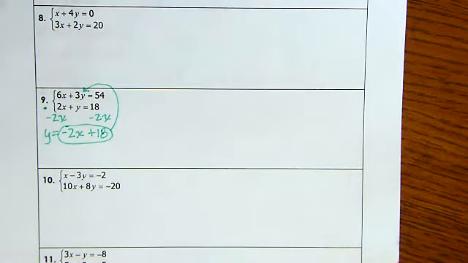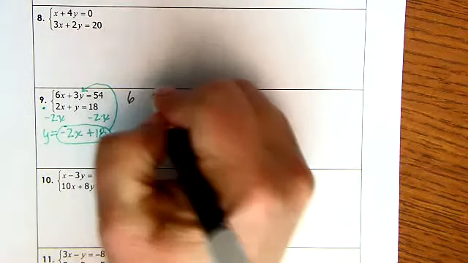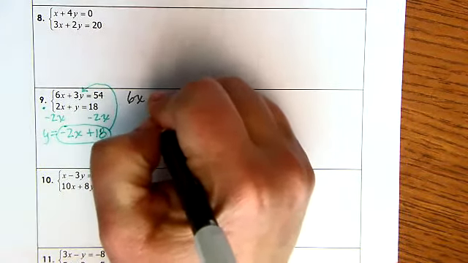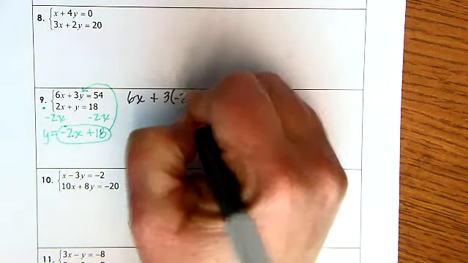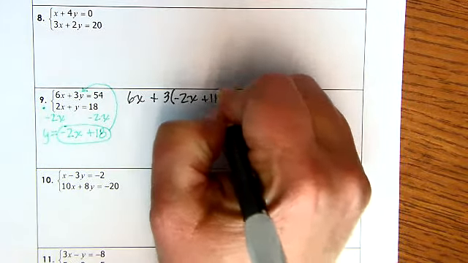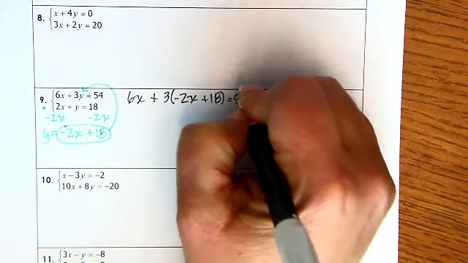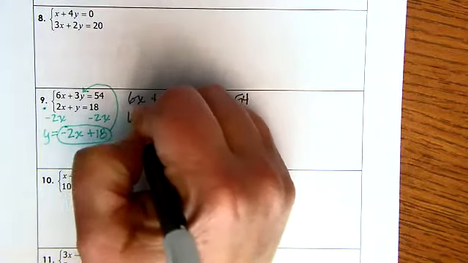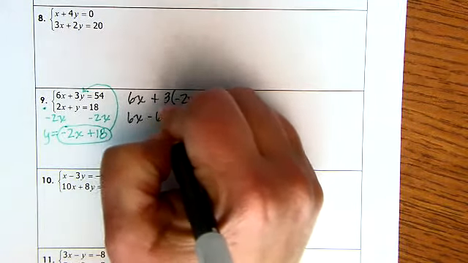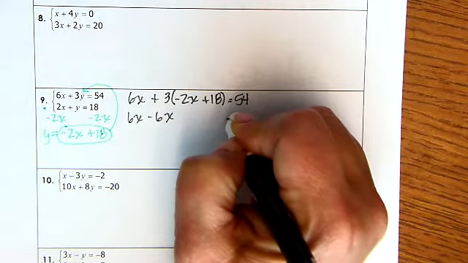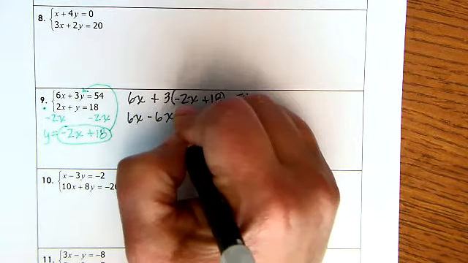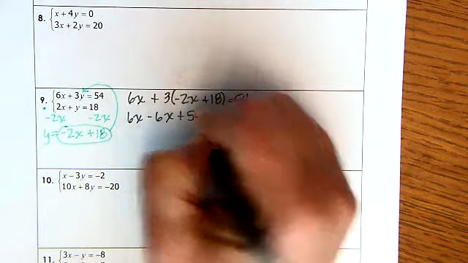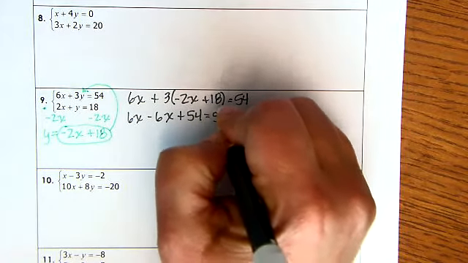And now we go to work. So we have 6x plus 3 times negative 2x plus 18 equals 54. So we have 6x minus 6x. Whoa. 3 times 18 is plus 54 equals 54.